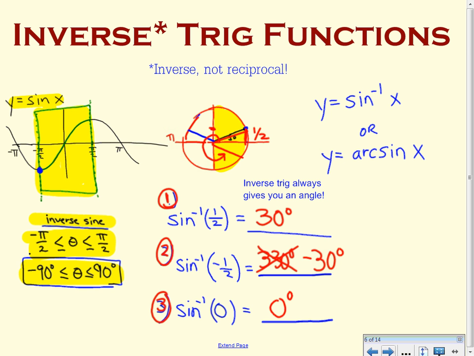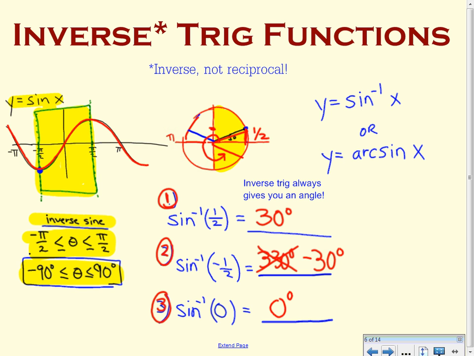So let's work over on the left-hand side here. We've got sine x, and here's your typical sine wave, and you can notice we only highlighted certain parts of it. In part 2 of our video, we'll talk more about why only that part is highlighted. We're going to restrict our inputs, our domain for sine. When we go to inverse sine, we'll restrict our answers to -pi/2 to pi/2.